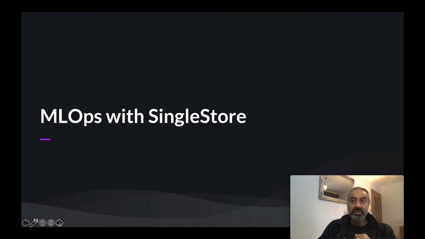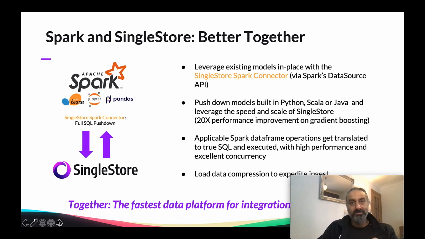I'm going to move on next to talk a bit more about the demonstration that Sarang's going to execute. We're going to use Spark to do this. The architecture is quite simple. Spark and SingleStore come together quite easily.